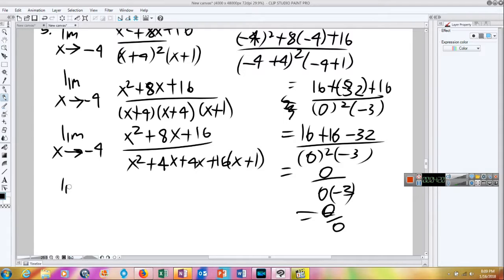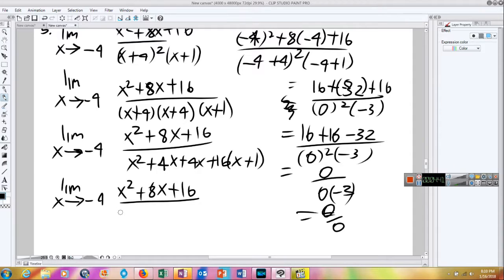Then we add these two 4x's, meaning we have 8x in all.